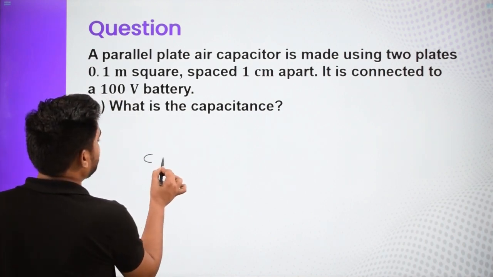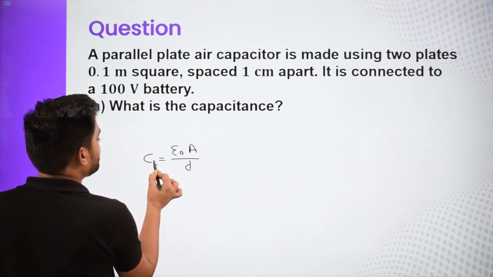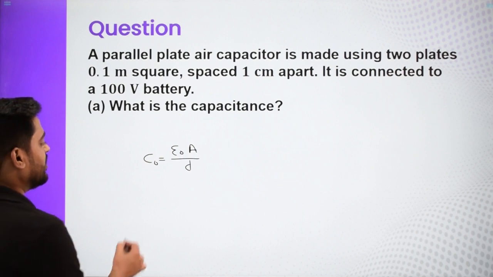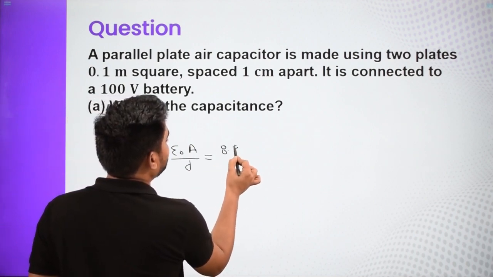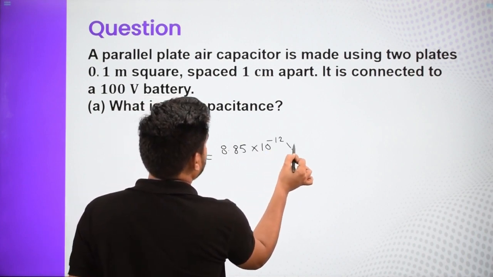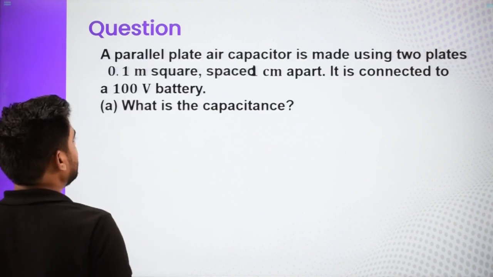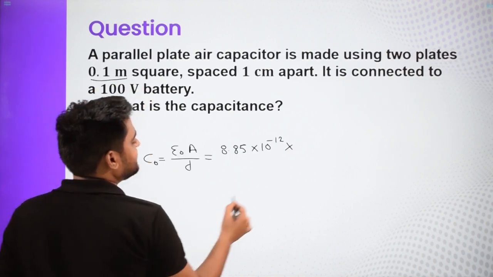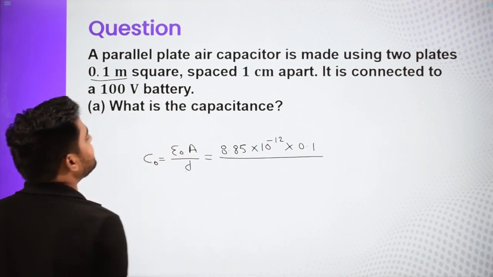For capacitance, I am going with the original formula, epsilon naught A by D. I am calling this original capacitance C naught. Epsilon naught value you should remember: 8.85 into 10 raised to power minus 12. The area of the plates is mentioned here, 0.1 meter square, divided by the distance.